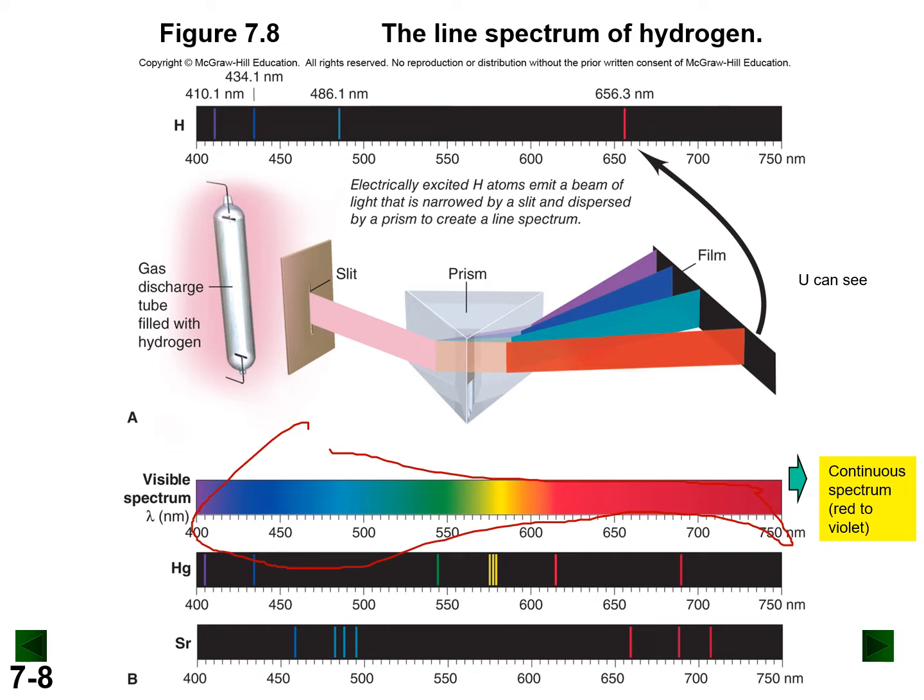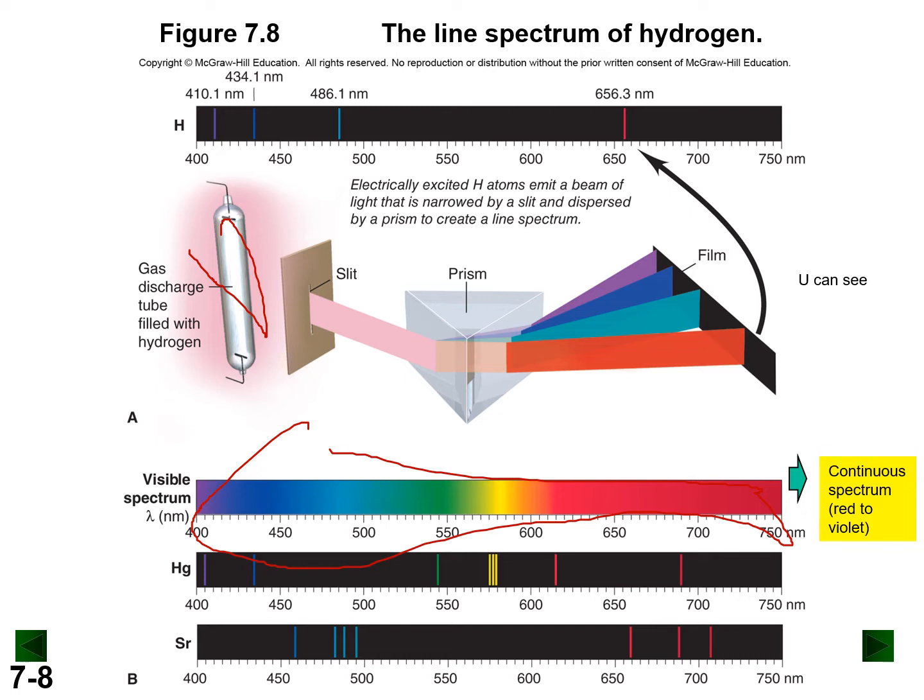However, if you do similar things with hydrogen, you don't see a continuous spectrum. For example, if you pass a current through a tube containing hydrogen like this, the electrons in the hydrogen atoms absorb energy and jump to a higher energy level.